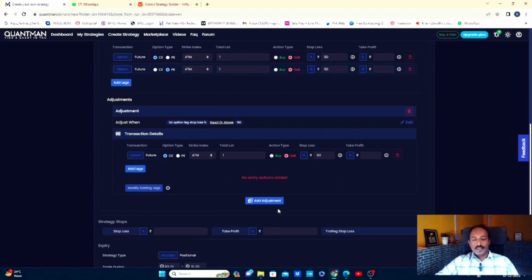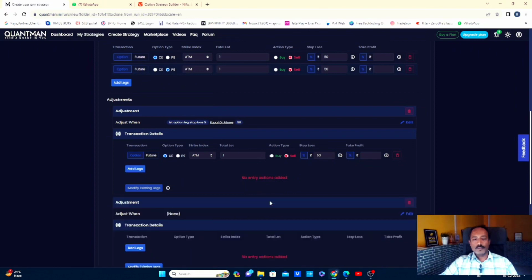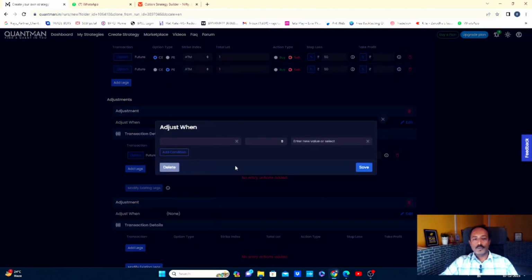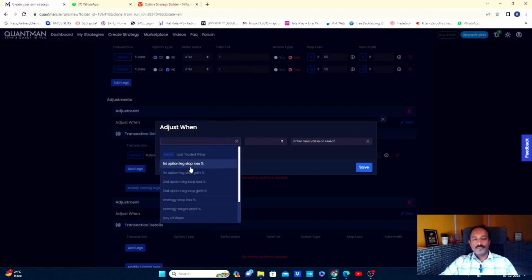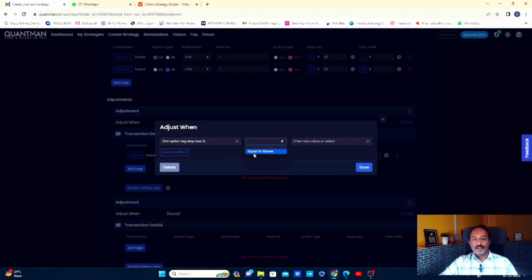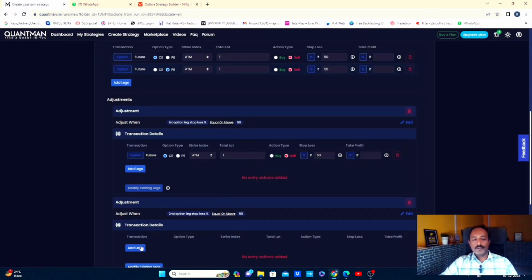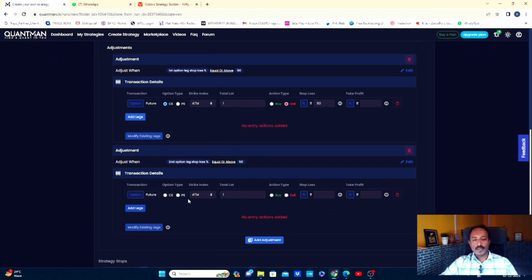So if this adjustment is done, you can just add one more adjustment also for the put side. If the second leg stop loss percentage is 50, here what we have to do, you have to add a leg of put option. Sell put one lot. Again, if you want to place any different stop loss, you can keep it.